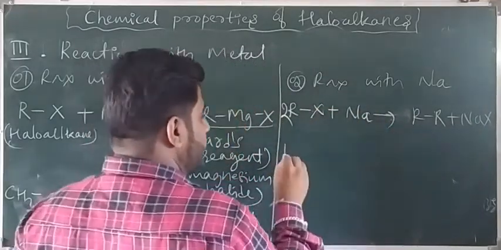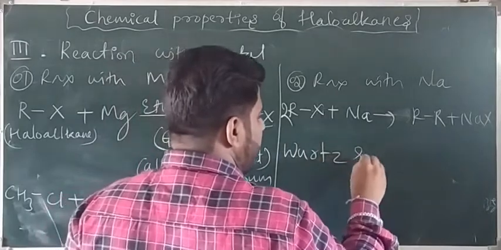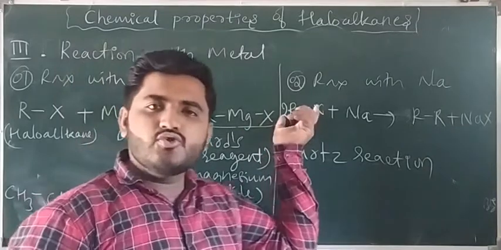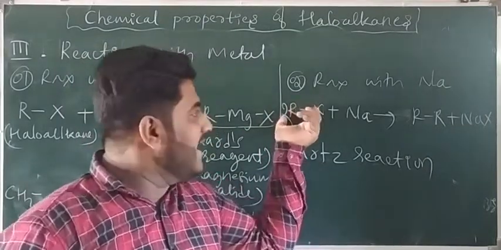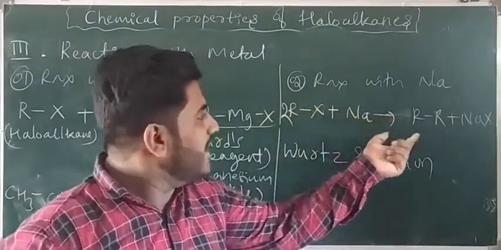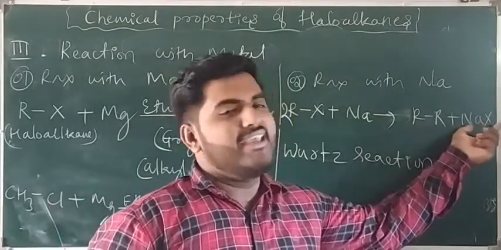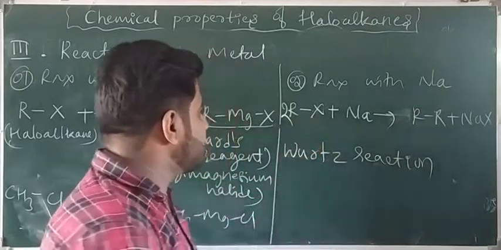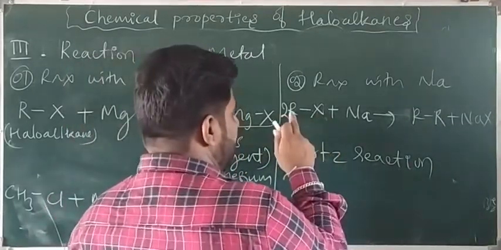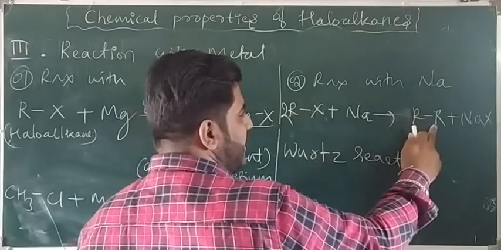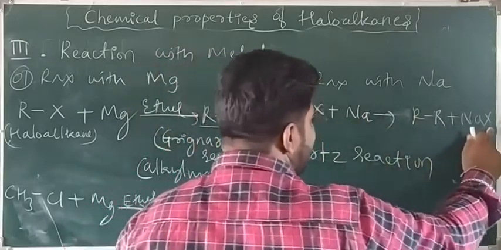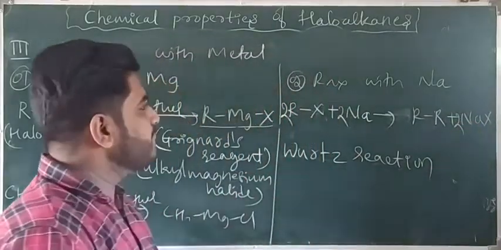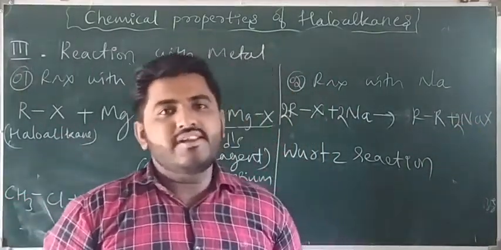This reaction is called Wurtz reaction. When two molecules of haloalkane react with sodium metal, we get an alkane and NaX. So this alkane, R-R, means coupling takes place. Whatever R of RX is there, another molecule's R is bonded to it, and X and Na are eliminated as NaX. So you can take 2 molecules of NaX eliminated here also. So this reaction is called Wurtz reaction.